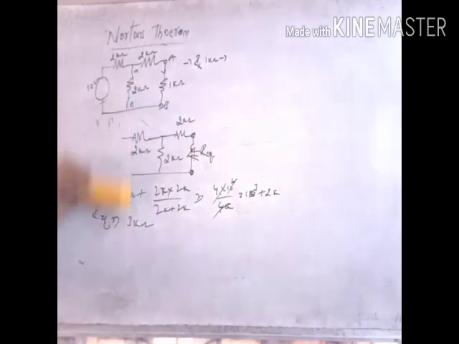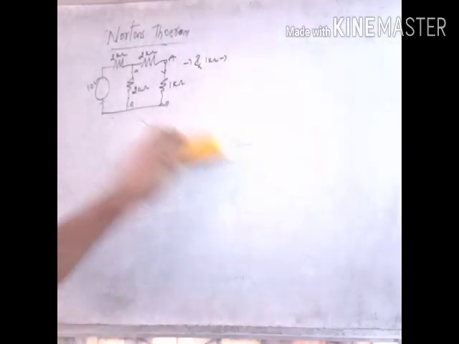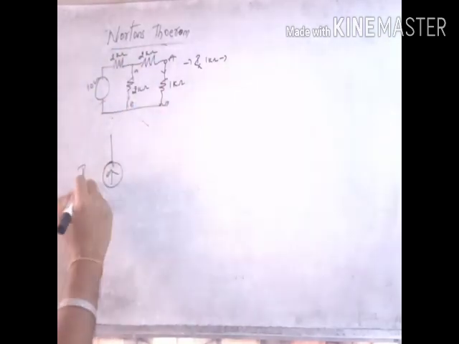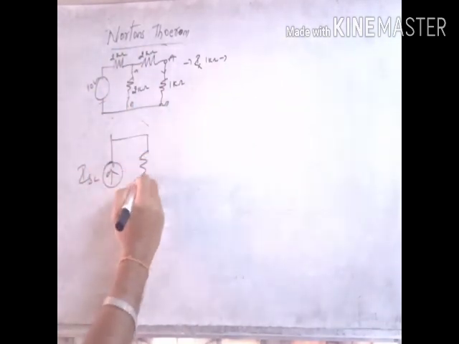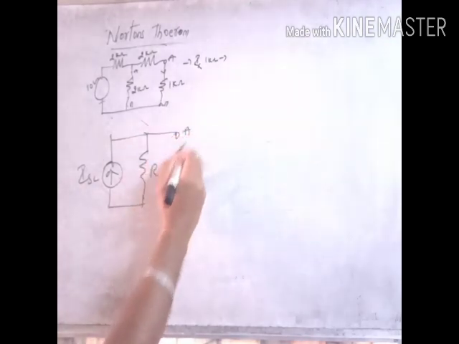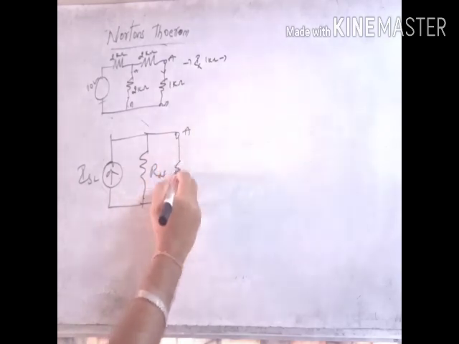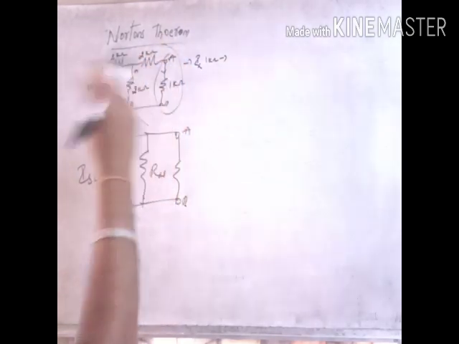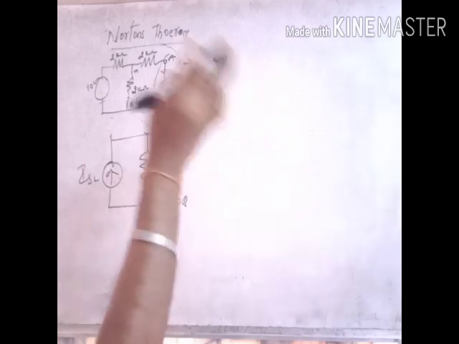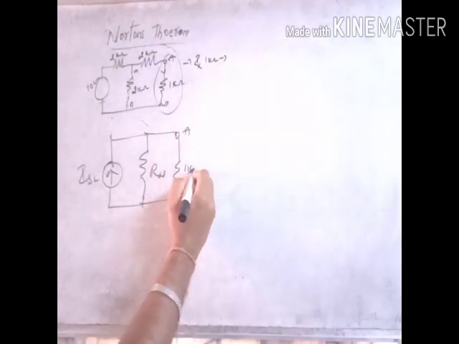Now replace the circuit. Norton's theorem says to replace the total complicated circuit by a short circuit current in parallel with Norton's equivalent resistance and replace the terminals as they are. We don't include the terminals in any equation to solve this; we replace the AB terminals at the end of the equivalent circuit.